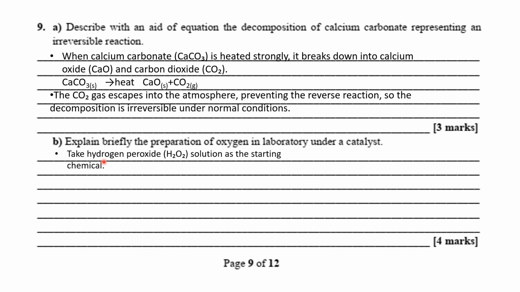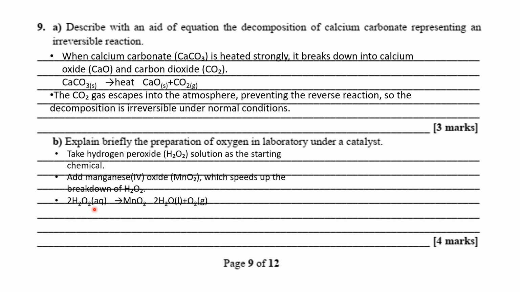So you take hydrogen peroxide as a source of oxygen, H2O2, as a starting chemical. Once you take that, you add manganese oxide or manganese dioxide, which speeds up the chemical breakdown of hydrogen peroxide. So the hydrogen peroxide is going to break down according to this equation.